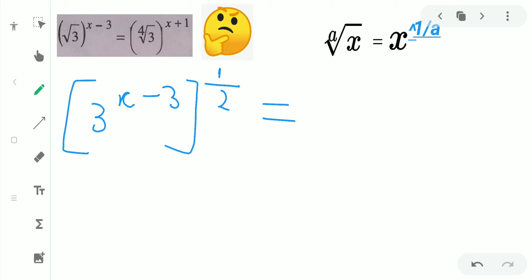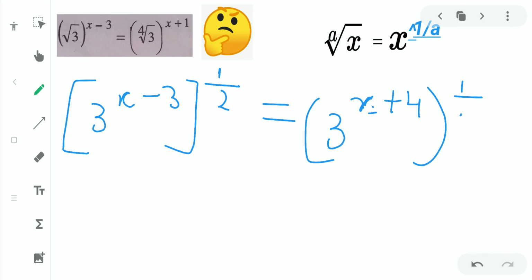So now I will write 3 power x plus 4, because it is given in the question itself, whole power 1 by 4, because I am satisfying this law, that is x power 1 by a.